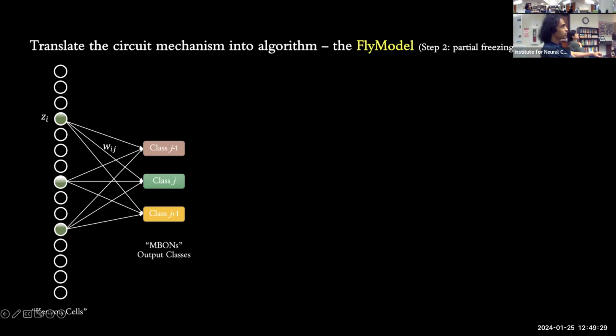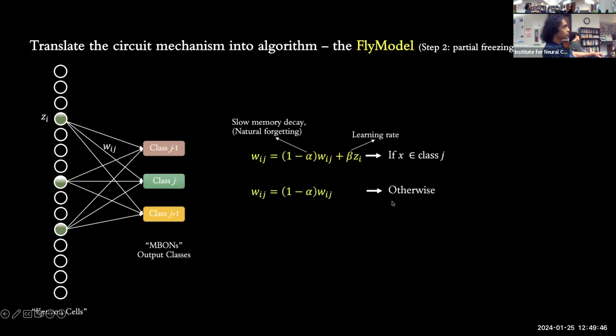And then we modeled the associative learning, which we call here partial freezing, because most of the weights during this training are frozen, so unchanged. We translate it into the mathematical form.